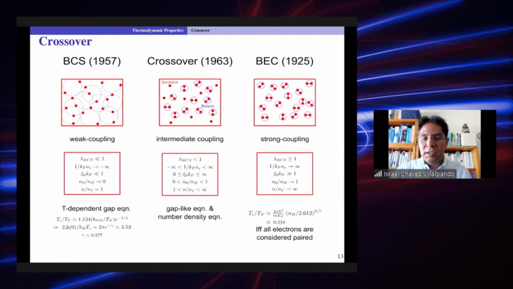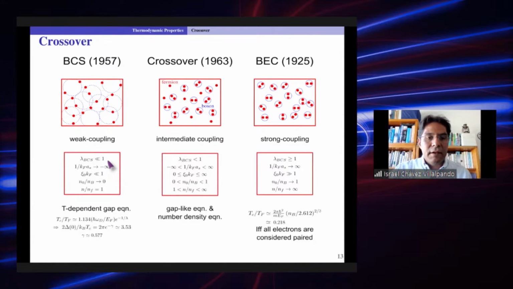We call this the extended BCS-Bose crossover, because we are working explicitly with two hole Cooper pairs. So these are specifically the three equations: one for two electron Cooper pairs, a gap-like equation; another one for two hole Cooper pairs; and the number equation.